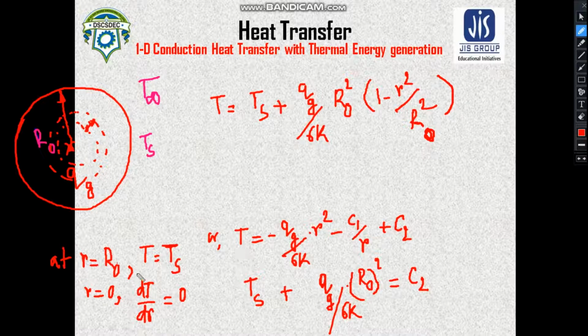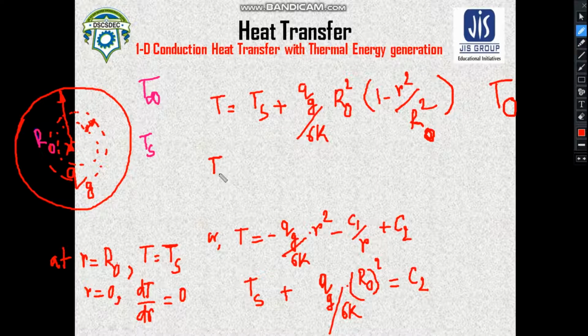If you go on calculating the derivatives, you will find that dT/dr turns to 0, and the second order derivative, d2T/dr2, would be negative. That will indicate that at r equal to 0, the center point of the sphere, the temperature would be simply maximum.